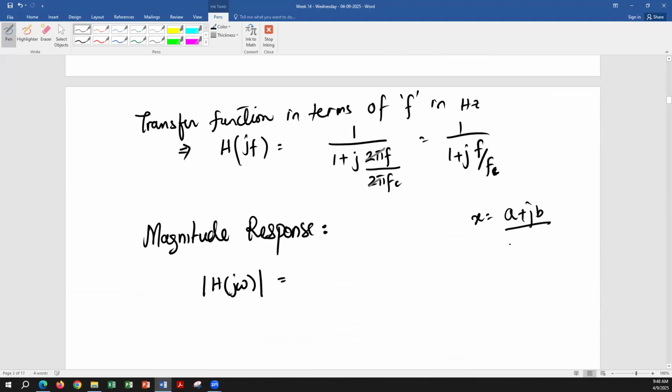This is a complex number written in a fractional form and in rectangular coordinates. Your numerator is in rectangular coordinates, the denominator is in rectangular coordinates. How are you going to find the magnitude of that?